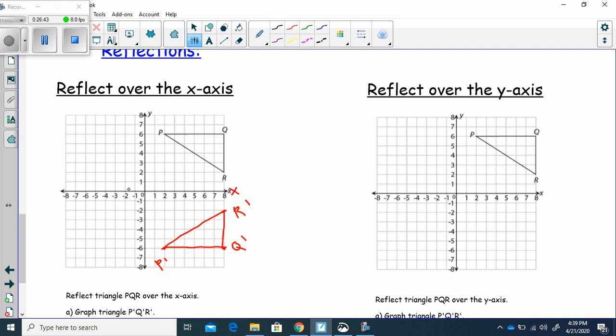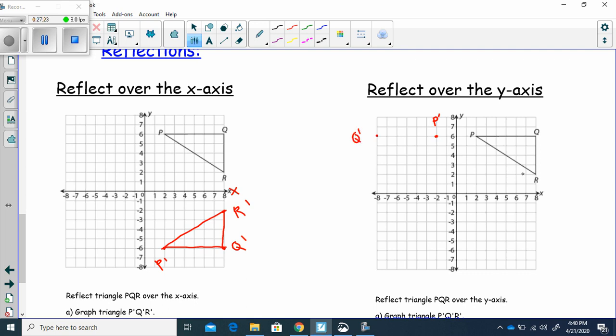Your triangle would look like this. Notice, if I were to fold this line right along the x-axis, these two would map right onto each other, and you could prove that they were congruent. That's a reflection. What if you reflect over the y-axis? Let's see what happens. When your y-axis is where you would be folding it, count to your y-axis. This P is 2 points from it. It's going to be 2 points on the other side. That's P prime. Q is 8 points from it, 8 points on the other side.